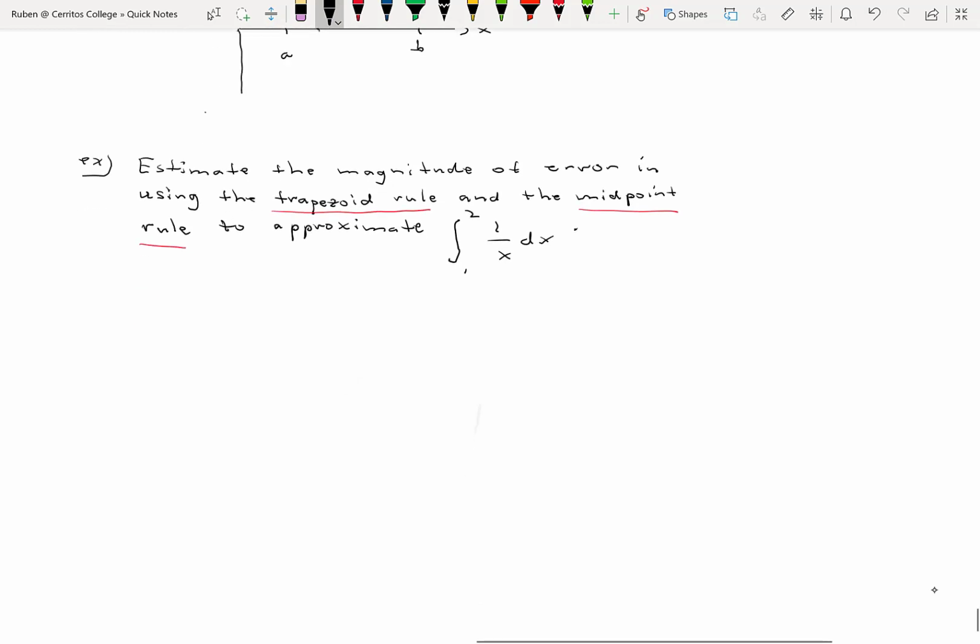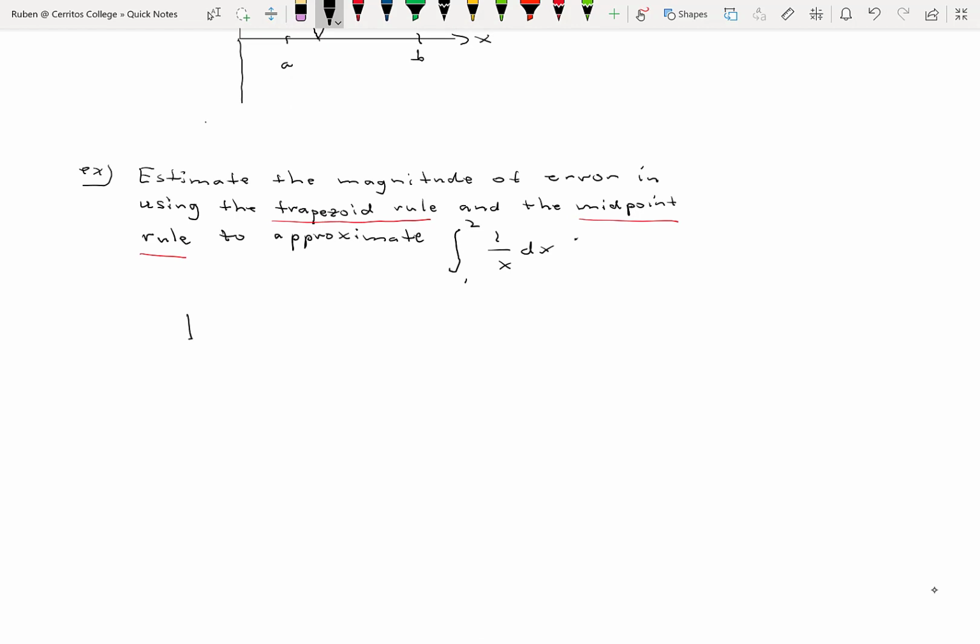Well, we go back to our formulas. The magnitude of the error involved using the trapezoid rule is no bigger than k times (b minus a) cubed over 12n squared. We'll start with the trapezoid rule.